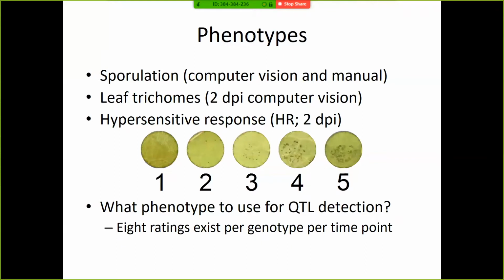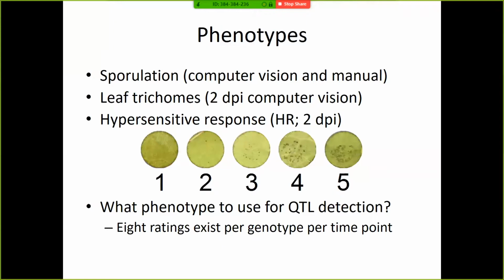So reviewing the phenotypes we obtained for these two families, we have the manual and computer vision sporulation ratings. Going forward, I'll just talk about the manual sporulation ratings because of the kind of problems we've had in the HC family with these ratings. And as I mentioned, we also collected the leaf trichome ratings at 2 days post-inoculation.